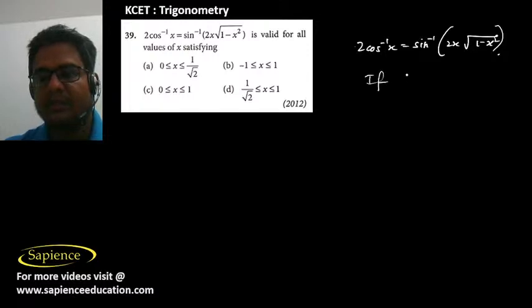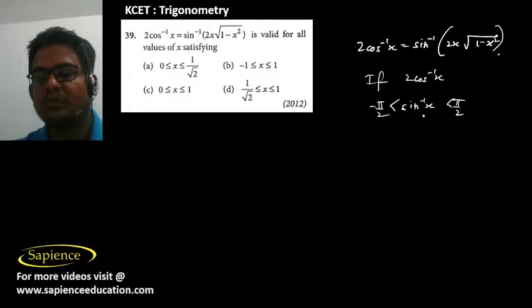So here, sine inverse should always be from minus pi by 2 to pi by 2. Sine inverse y should be from minus pi by 2 to pi by 2.